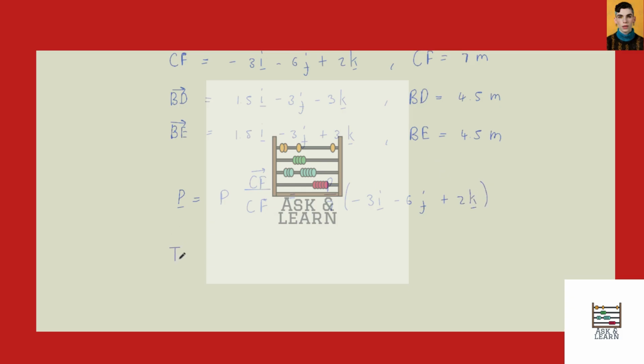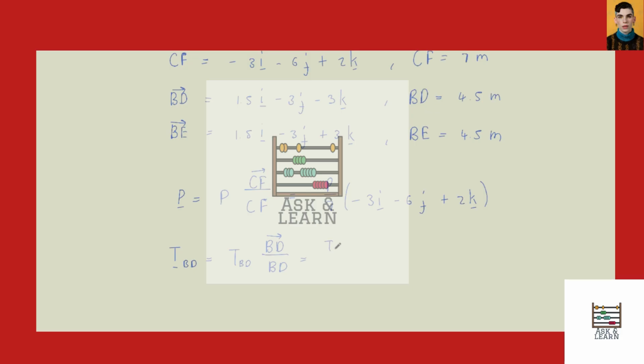The tension of BD, TBD, is equal to the magnitude of the tension in the direction of BD. So that's the vector BD divided by the magnitude of BD.